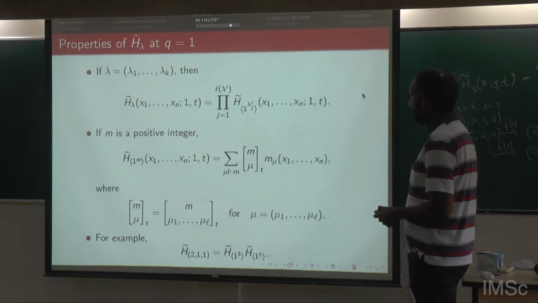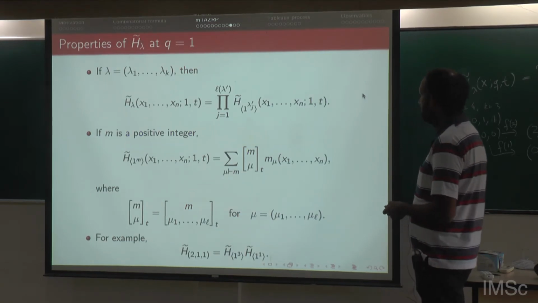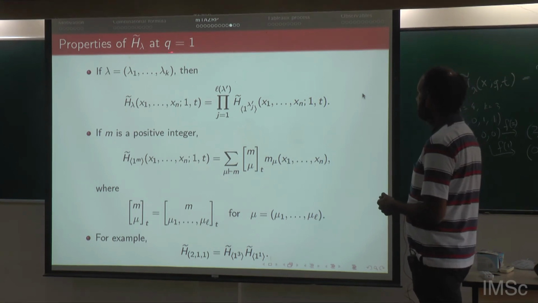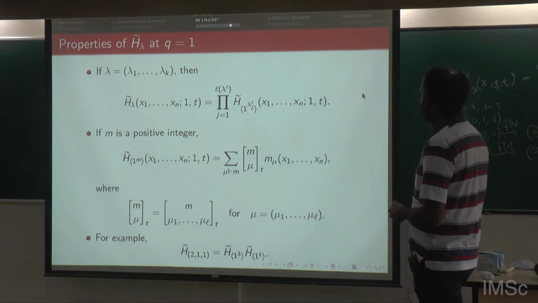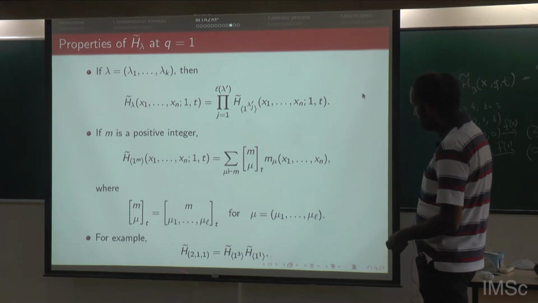So let me tell you, as I mentioned earlier, about the properties of h tilde lambda. So if lambda is lambda 1 through lambda k, h tilde lambda factors already into components which depend on the conjugate partition. So let me go through this example first.